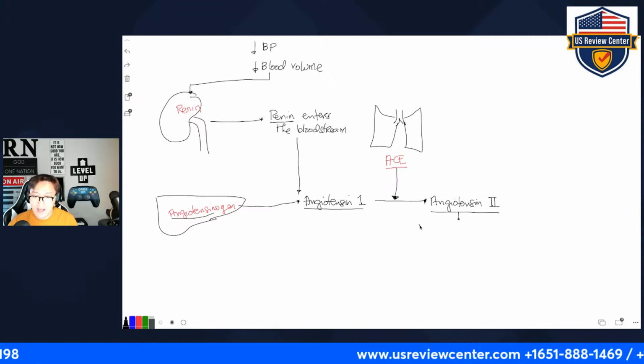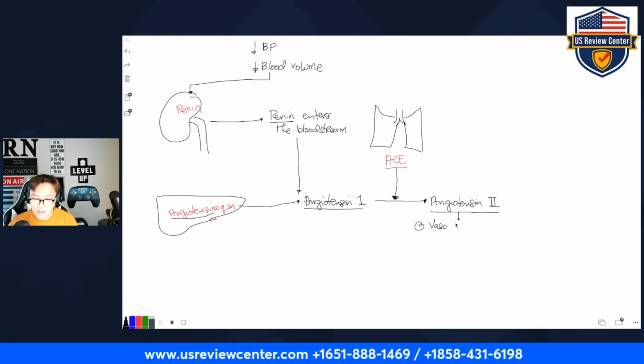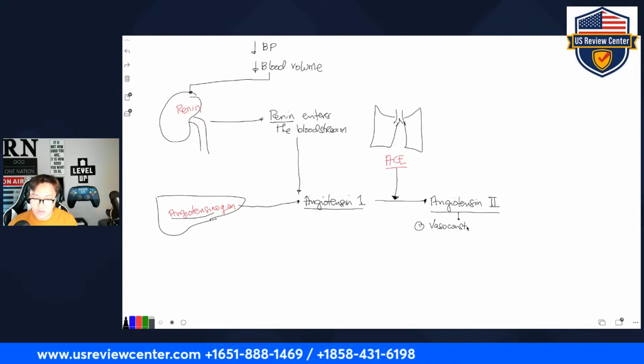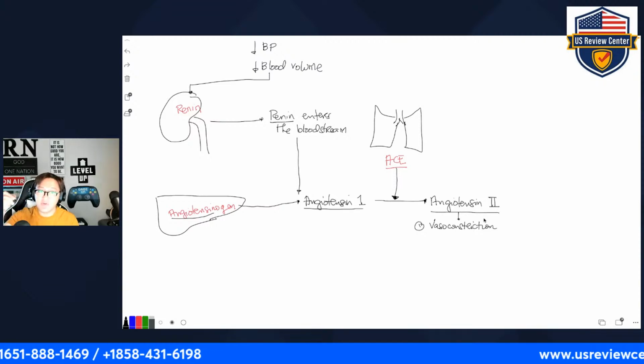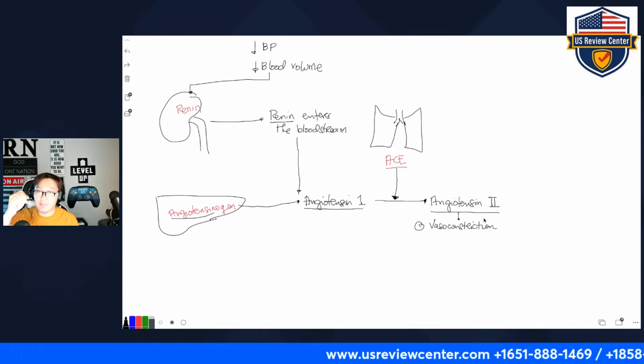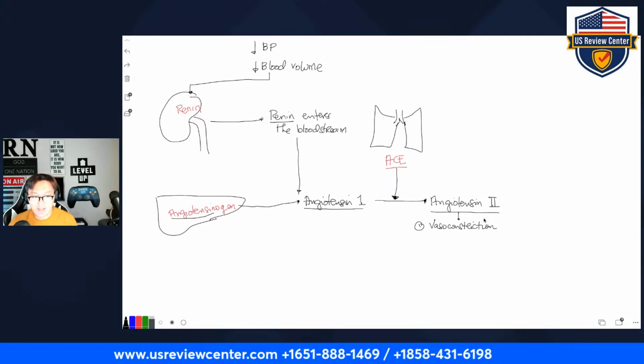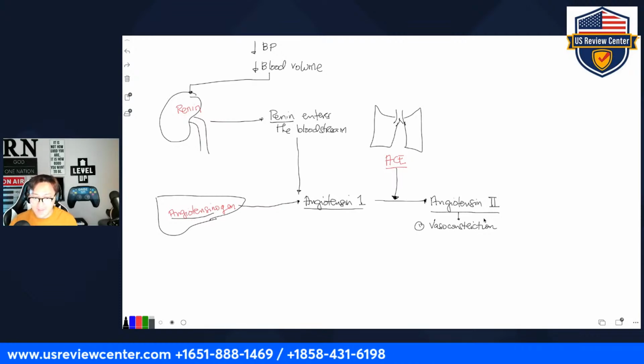Number 1, angiotensin 2 is a potent vasoconstrictor. It causes vasoconstriction. It tells the smooth muscles in your arteries to constrict. As the blood vessels constrict, the blood pressure goes up. So it corrects hypotension.